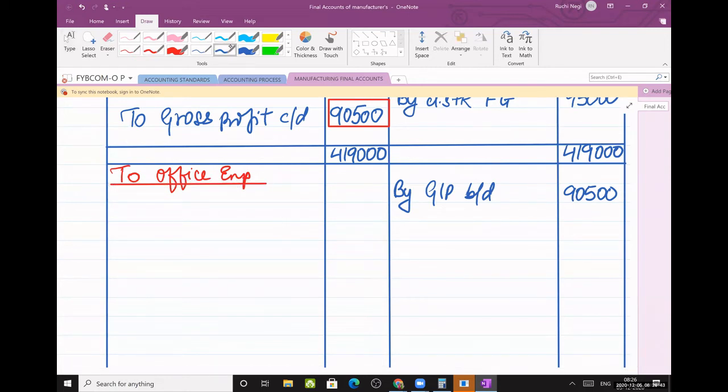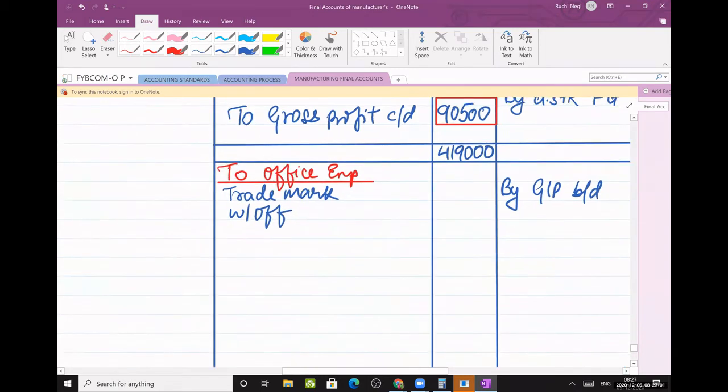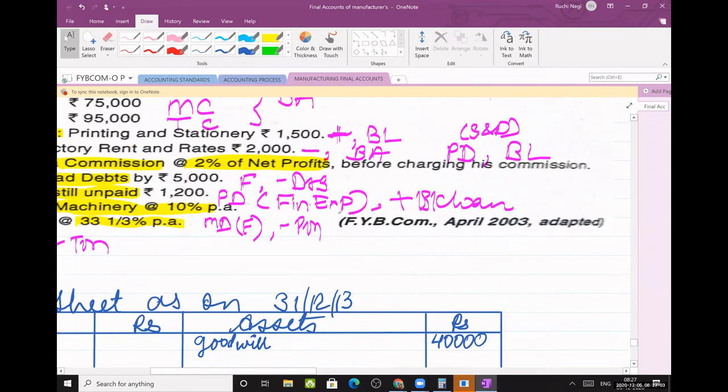Office expense. May I have with me trademarks written off. Written off means depreciation. Trademarks written off. How much is trademarks?